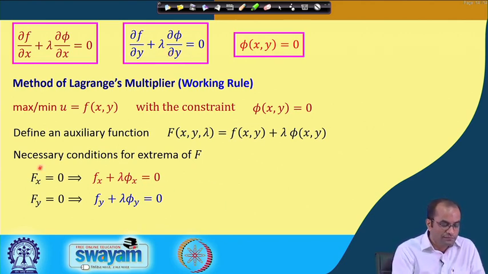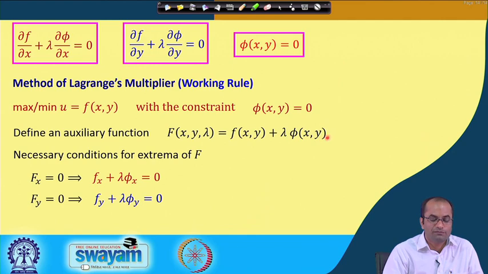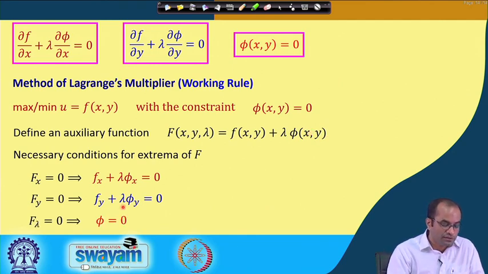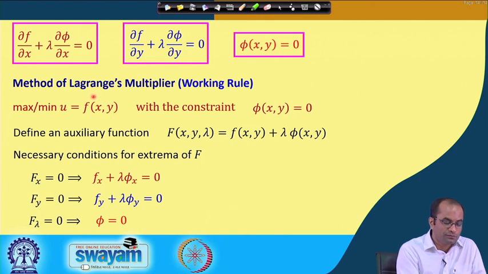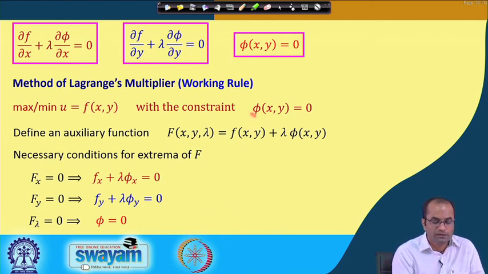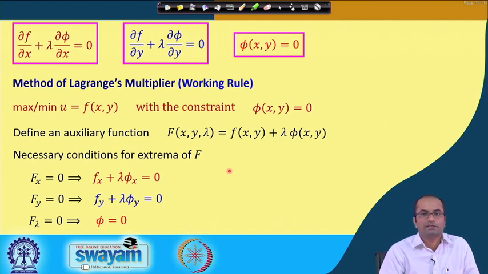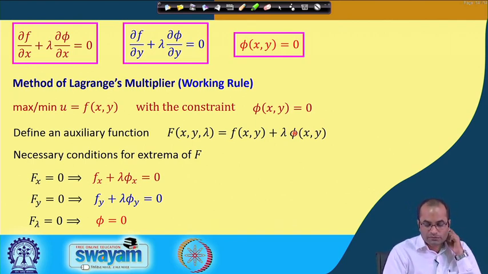And the third one is the partial derivative of F with respect to lambda, and that will be just phi x y is equal to 0. So, we have these three equations which can be obtained just by defining this auxiliary function F, where we substitute f x y as it is, introduce one lambda, and we have just one constraint here, lambda phi x y, but we can extend this idea for many constraints as well.